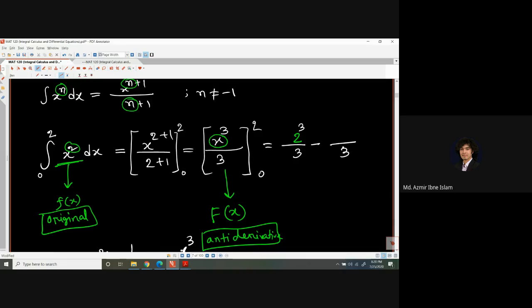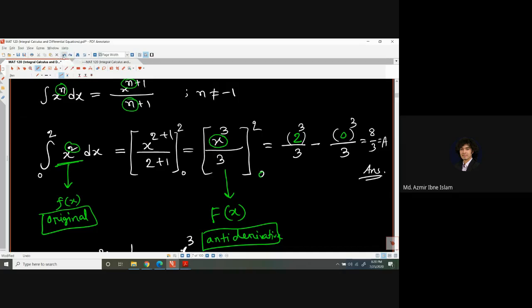Minus the antiderivative at the lower limit. What is our lower limit? The lower limit is 0. So if we solve this, we get 2 cubed over 3, that is 8 over 3, and the second part will be 0. This is our final answer, and it defines the area. You will understand why this is the area when we look at the geometrical concept.